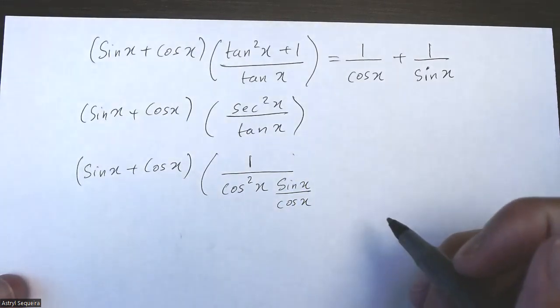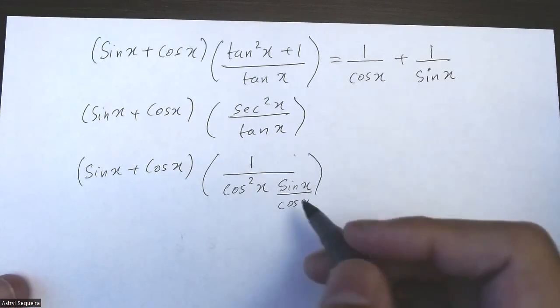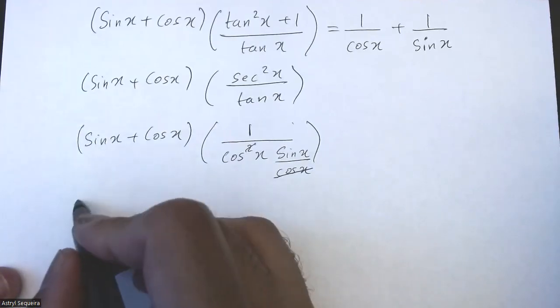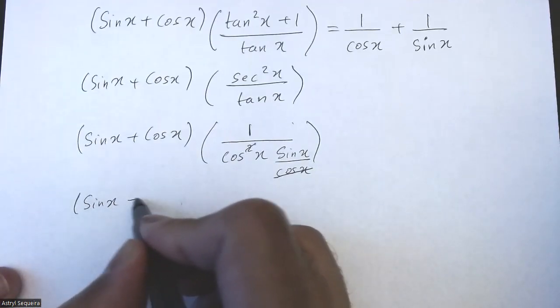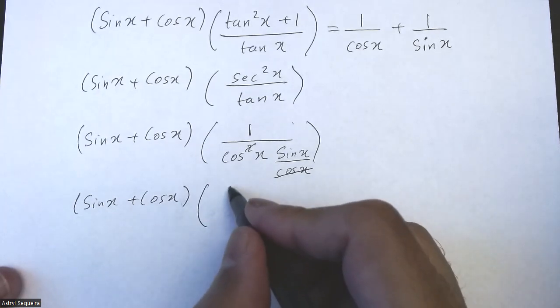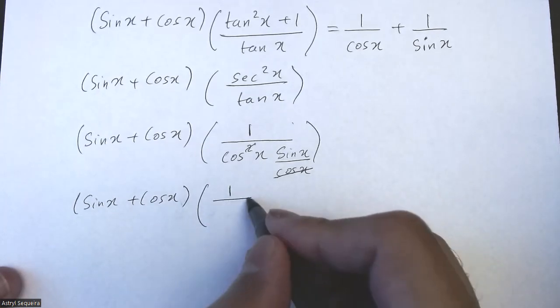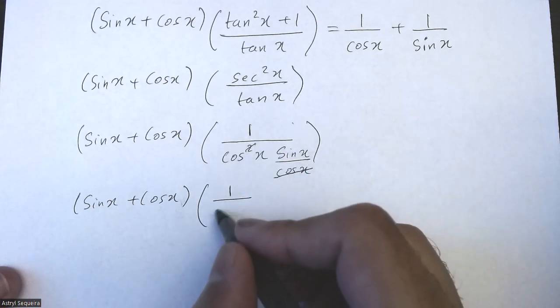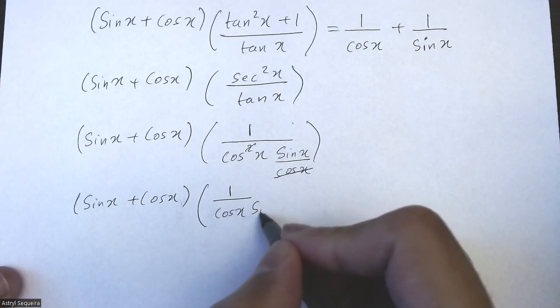That's the exact same thing. Now this cos and this square will cancel off. I'm left with sine x plus cos x times 1 over cos x sine x.